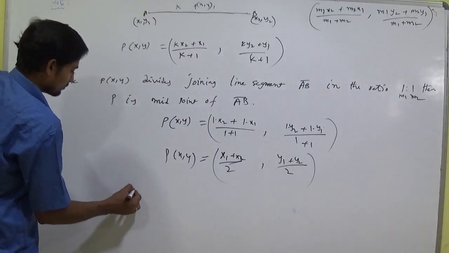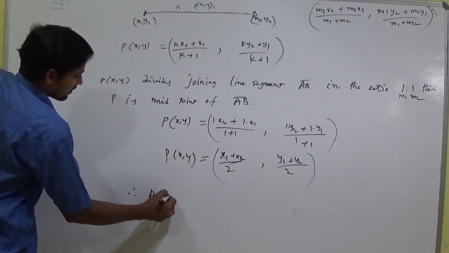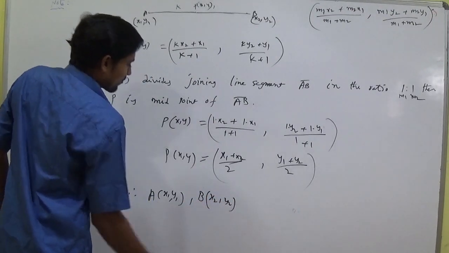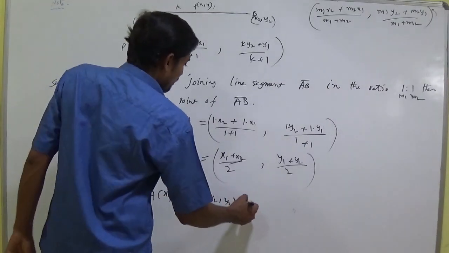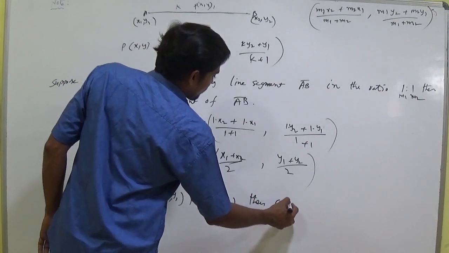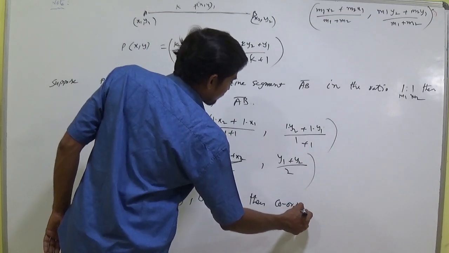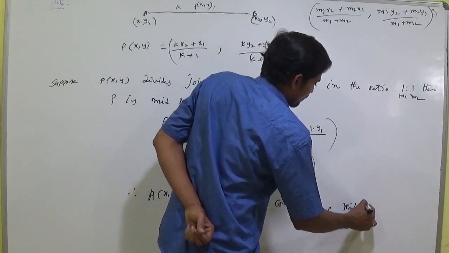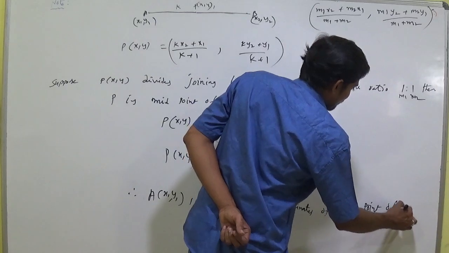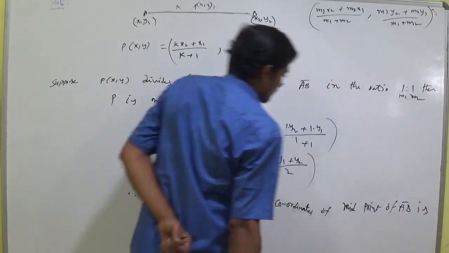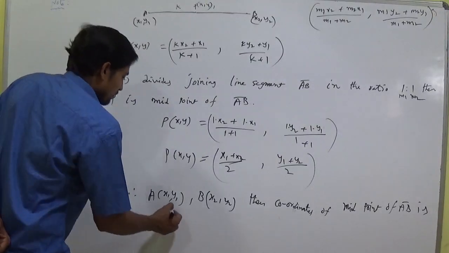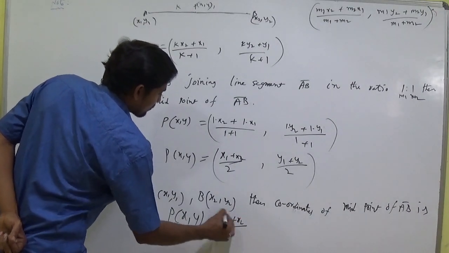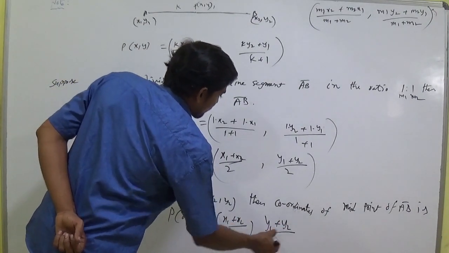Therefore A x1 y1, B x2 y2, then coordinates of midpoint of AB is P x comma y equal to x1 plus x2 by 2 comma y1 plus y2 by 2.